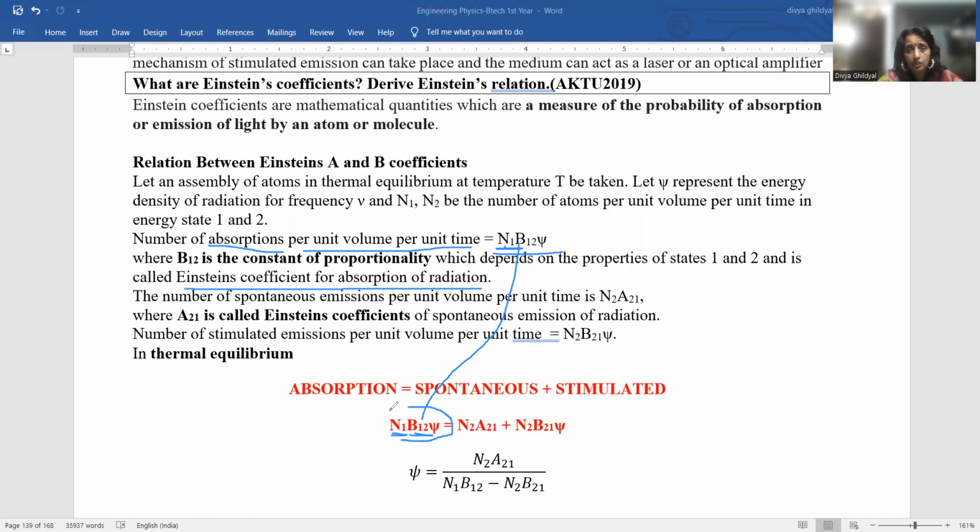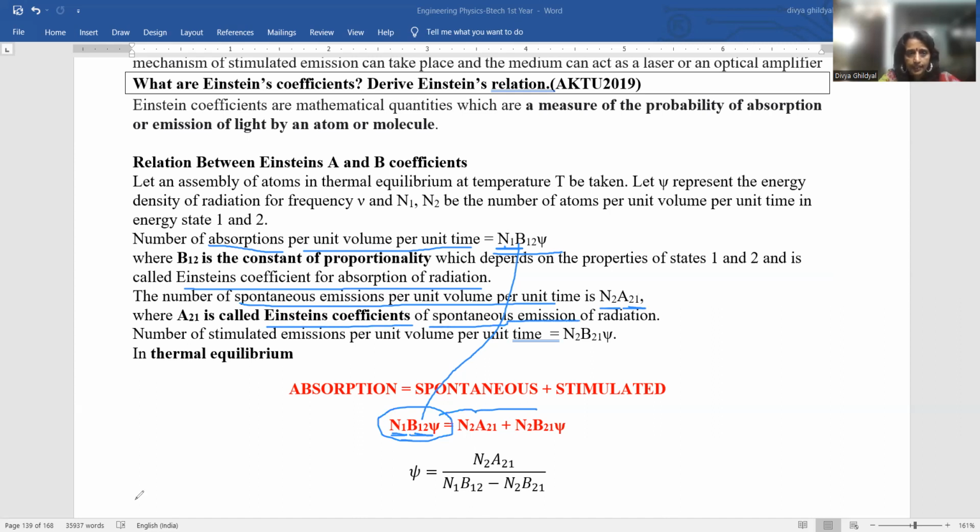This will be used for spontaneous and stimulated emission. So number of spontaneous emissions per unit volume per unit time is N2 A21. Now instead of B, I have written another constant of proportionality called Einstein's coefficient of spontaneous emission of radiation.